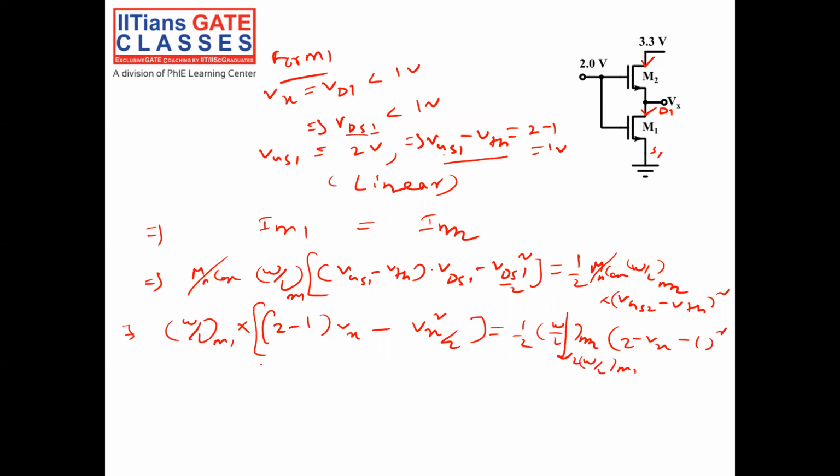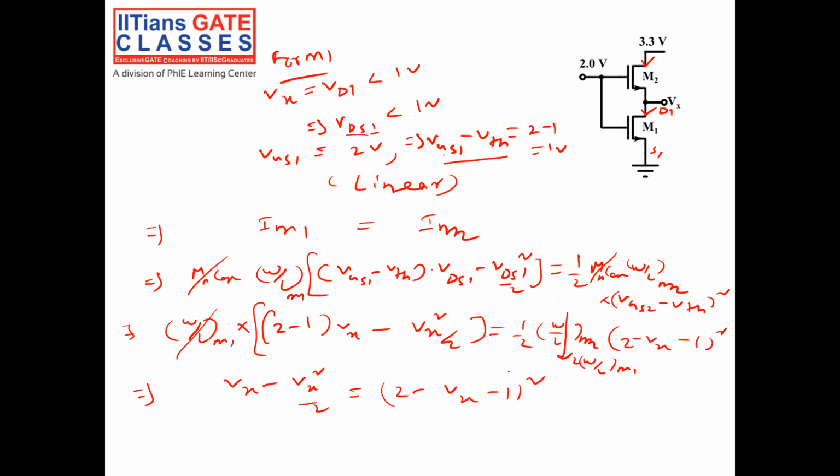So the 2 gets cancelled, and W by L of M1 gets cancelled. So I put 2 minus 1, which means Vx minus Vx square by 2 is equal to 2 minus Vx minus 1 whole square, where the 2 gets cancelled.